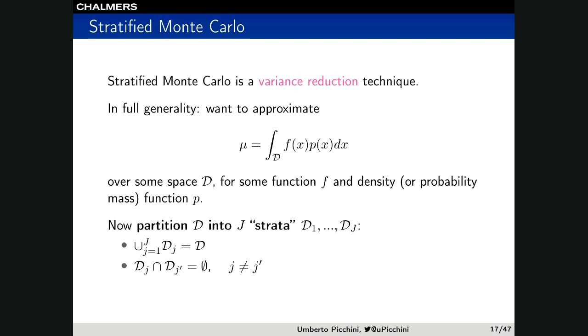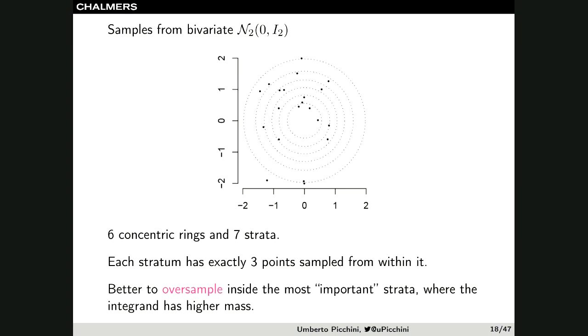So, this is the integration space, and I want to partition it across J strata that are disjoint, because it's a partition that we want to form. Suppose that we have a bivariate Gaussian target, and suppose that we stratify the integration space across 7 strata.